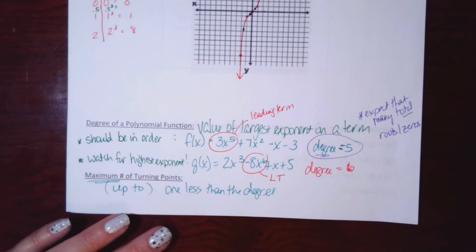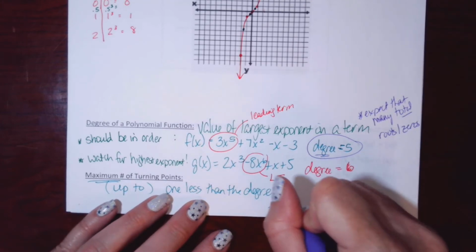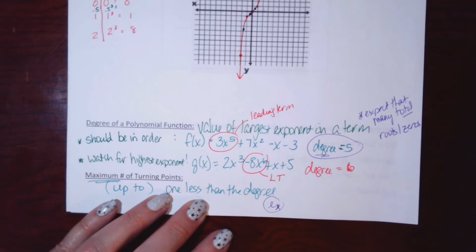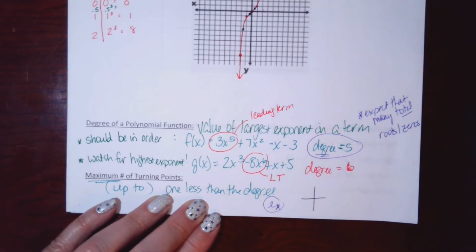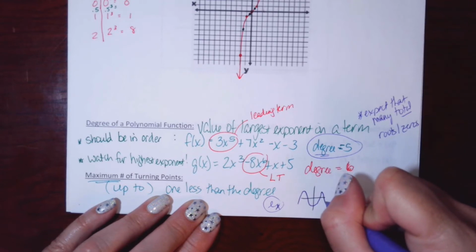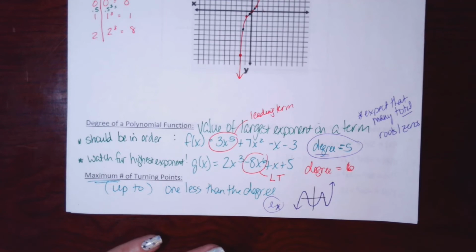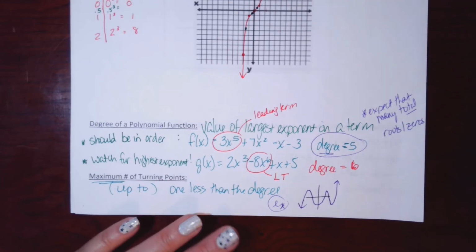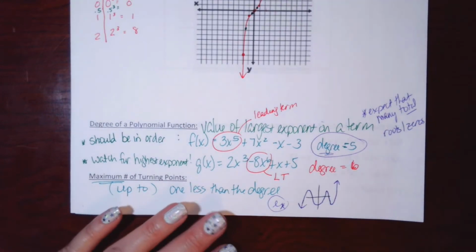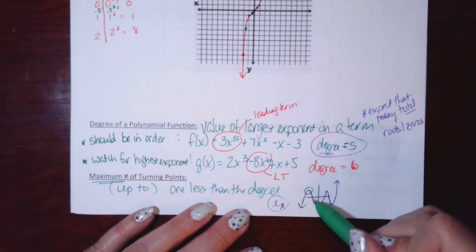So if I was going to go at it backwards, let's say that I have a polynomial function that looks like this. What degree could this polynomial function be? Well, how many times does it turn? Here's a turn. It's going up, it turns and goes down.